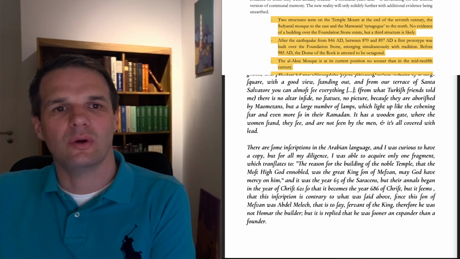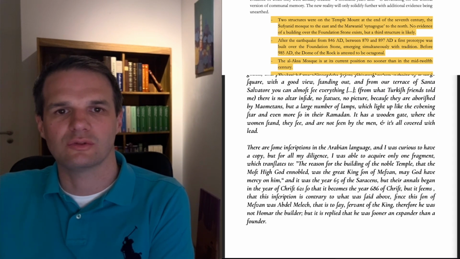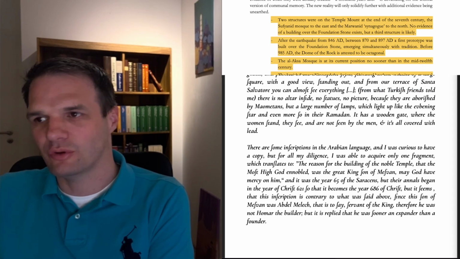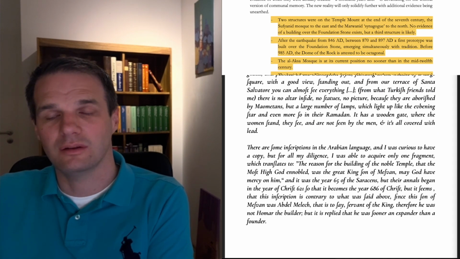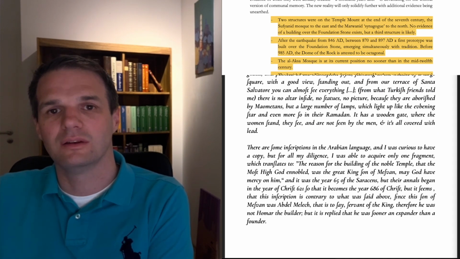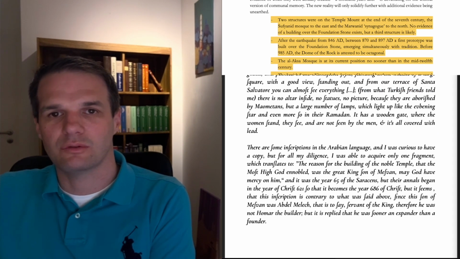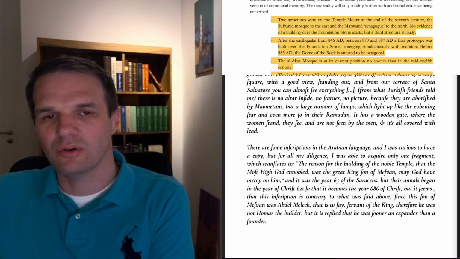Next one. After the earthquake from 846 AD, between 870 and 897, a first prototype was built over the foundation stone. Again, we've shown this to be incorrect. By 870, the Dome of the Rock was already standing there, emerging simultaneously with tradition, which again does make sense. How could that happen? That wouldn't fly.